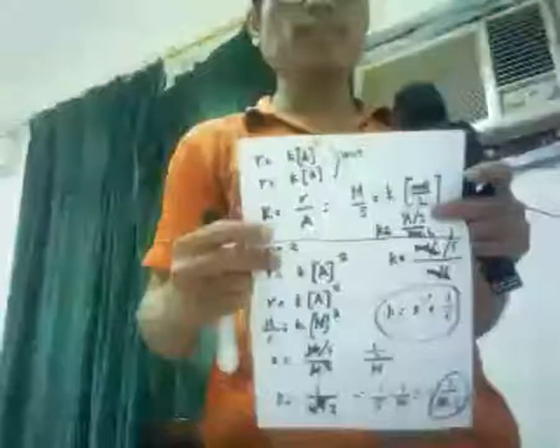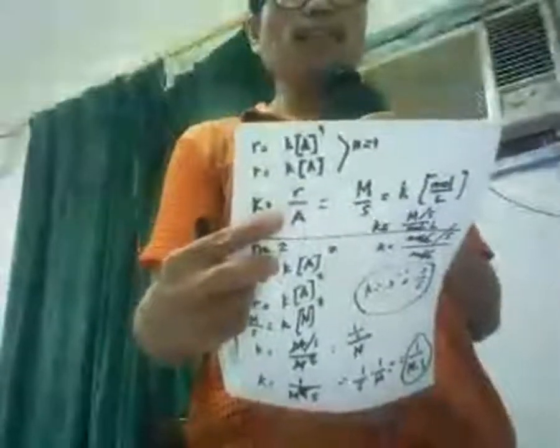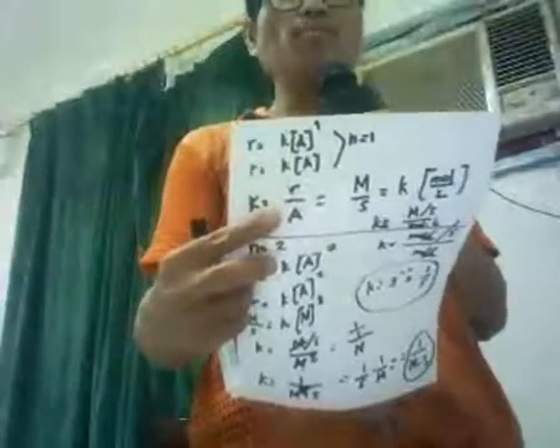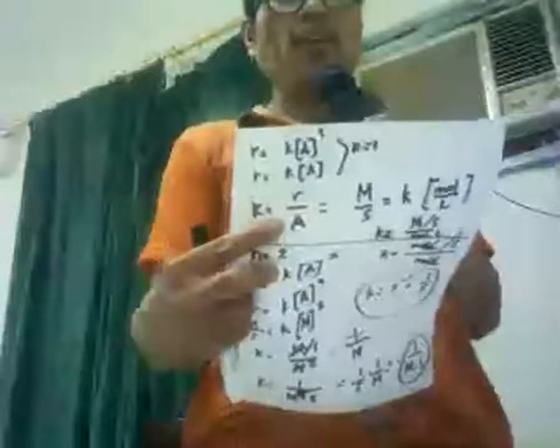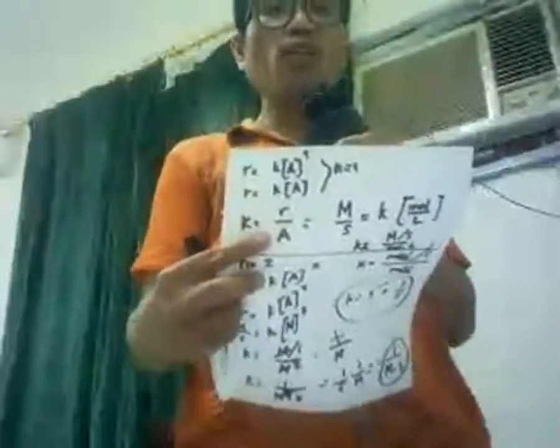So I have this one: R is equal to k times capital A raised to the power n. This is our first order reaction, or first order overall reaction. In here, the overall reaction is just equal to the individual reaction because we have only one reactant. This is a unimolecular chemical reaction.